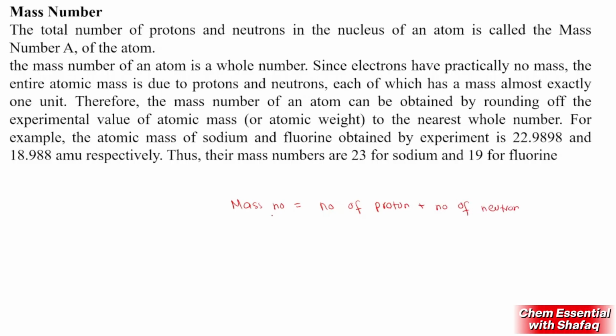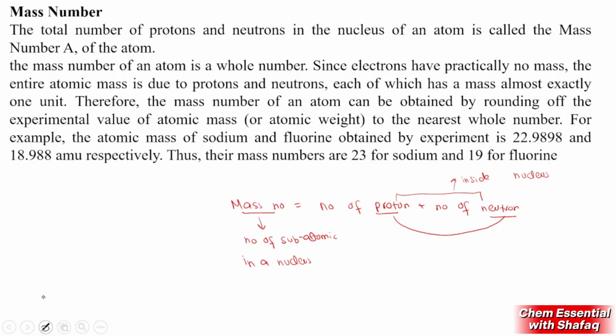So we can also say that mass number basically represents the number of subatomic particles present inside the nucleus, because here you can see the proton and neutron both lie inside the nucleus. So we can say mass number is the sum of the number of protons plus the number of neutrons.